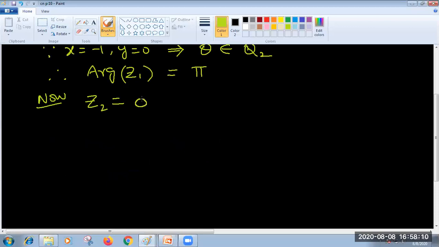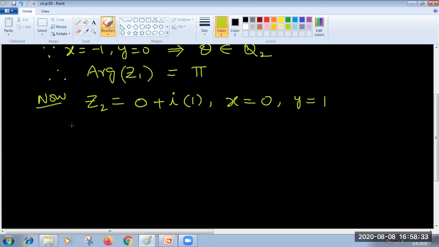You can take the real part as 0 and the imaginary part as 1. So here also, by comparing this with the standard form, the x value is 0 and y is 1.